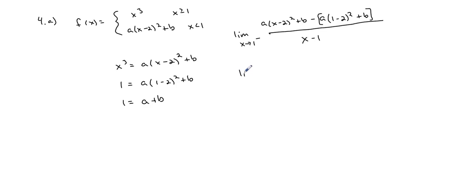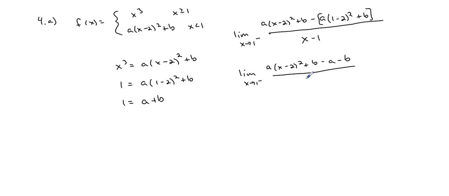Okay. Limit as x goes to 1 from the left. Man, I don't know if I need to distribute and multiply this all out, so I don't know what I'm going to do here. So I'm just going to go a times (x minus 2) plus b, and that's going to be 1 times a, so negative a, and that's minus b, isn't it?